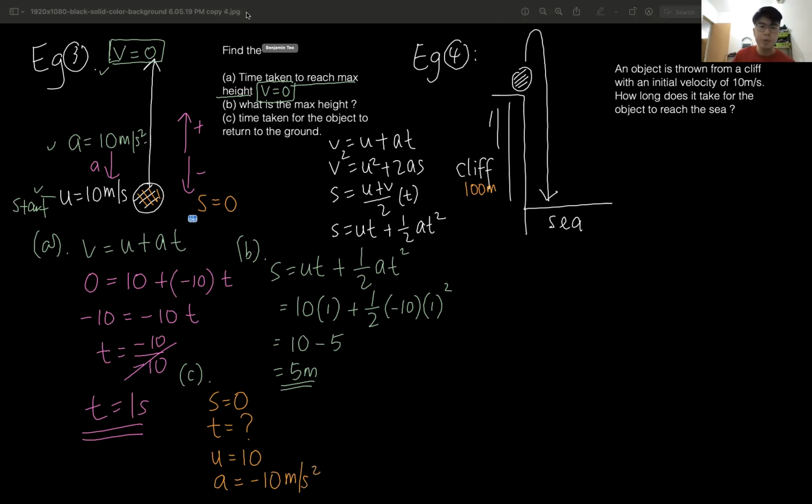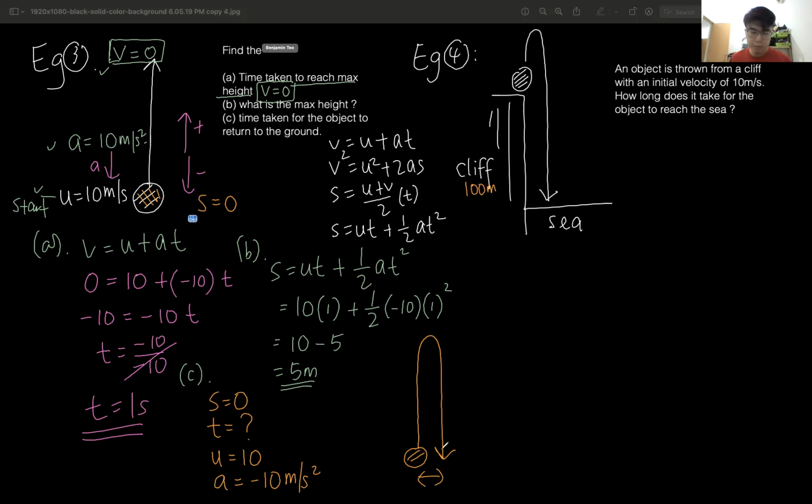OK, 你看我现在的 motion 是 two-way motion, 就是我丢上去，然后它掉回下来。这个是一条线，就是说它没有 horizontal 的 displacement. It's only vertical displacement. 我丢它，然后它下来回去原本的位置。OK, 所以你可以把它想象成只是一条线 vertical line. There is no horizontal distance travel.